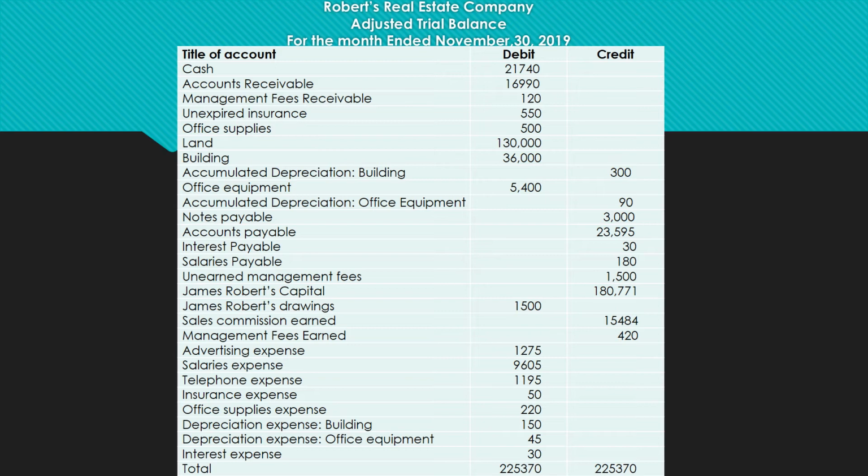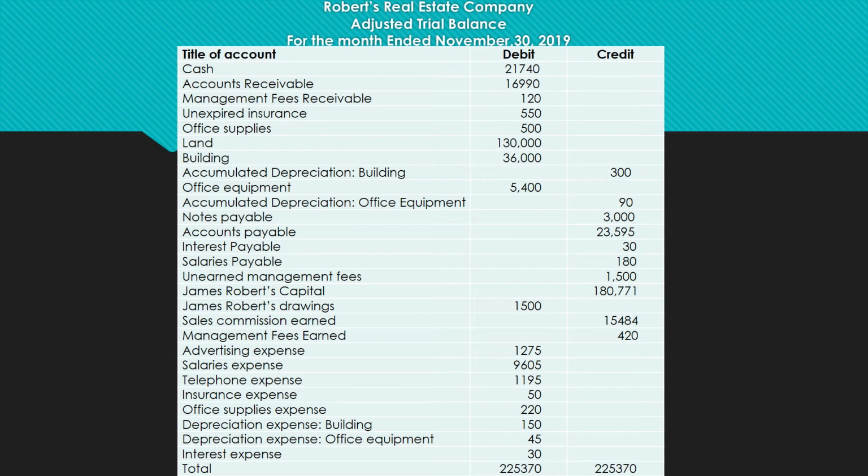Now for the month of November we made an adjustment of 150 more. Now accumulated depreciation on building becomes 300. 150 for the month of November, and before November we had a balance in the accumulated depreciation of building account of 150. Now total accumulated depreciation on building is 300.